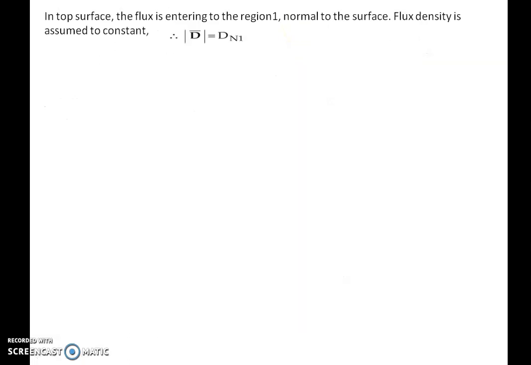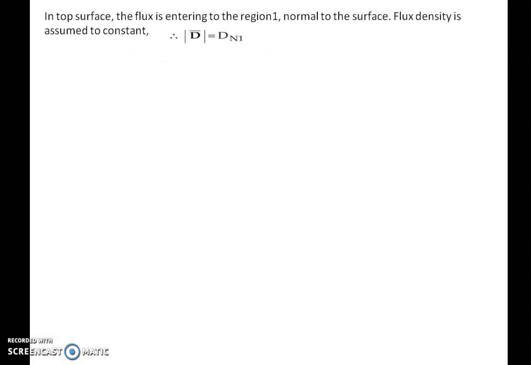So we can write the flux in region 1 as DN1, and at the top surface the integral of D dot dS is equal to DN1, which is a constant, so I will take it outside. The top surface integral dS, the area of the top surface, is delta S, which is equal to DN1 into delta S. I will take that as equation 5.